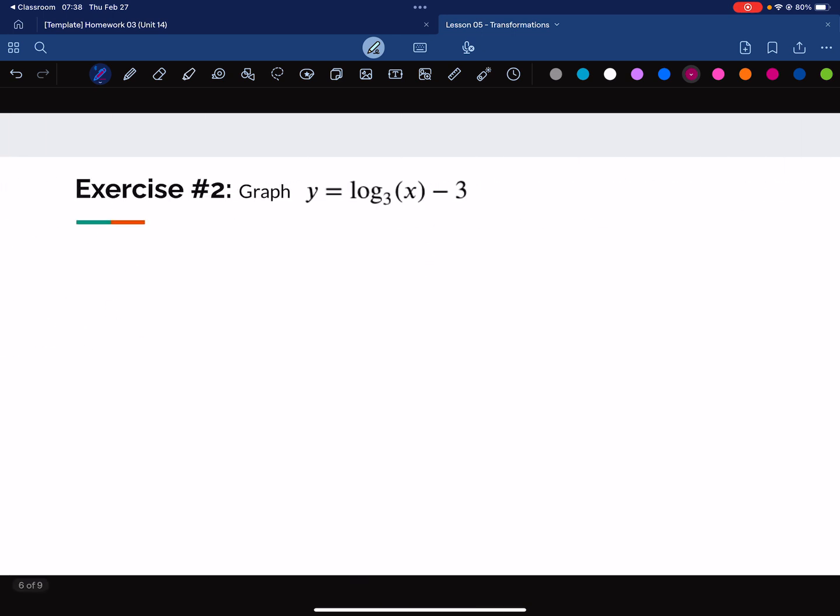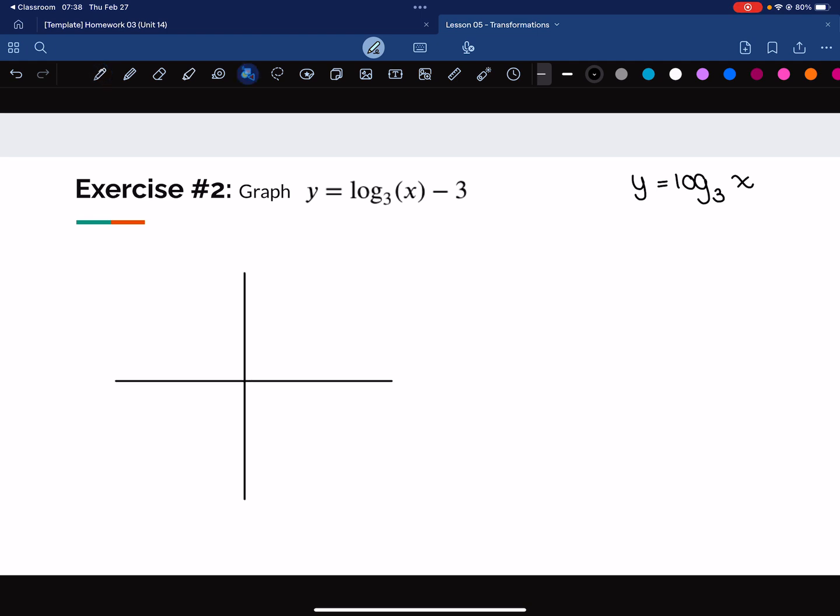Okay, looking at this again now, I won't draw the parent function out. The parent function would be y equals log base 3 of x, but I won't draw that part out. The idea that I know here now is that the -3 is my vertical shift.